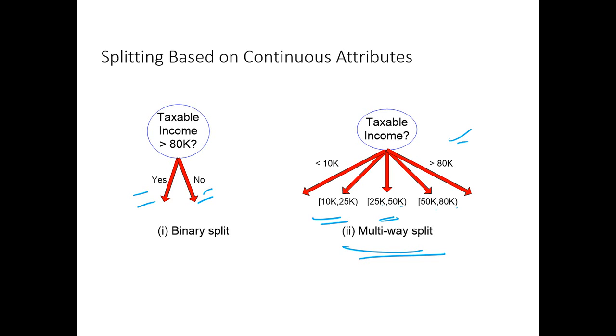But it's not up to you to decide. You have to go with the splitting criterion that actually optimizes the classification. The idea here is to get the correct prediction.